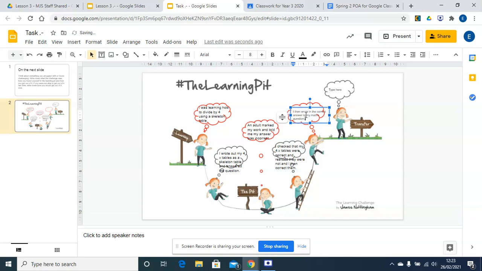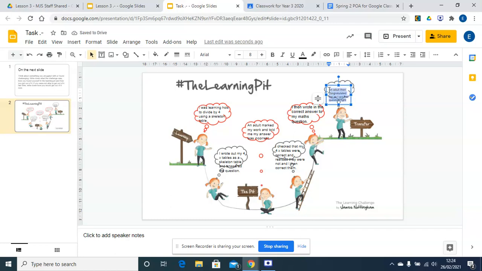Okay. And then here, the adult then marked it right. An adult then congratulated me as I got the question right.